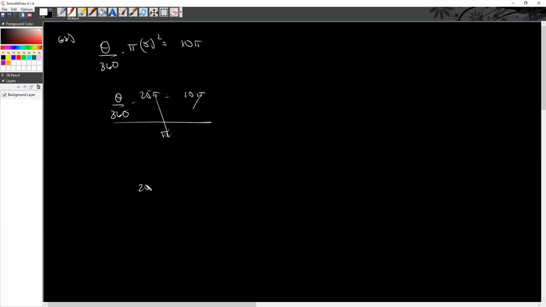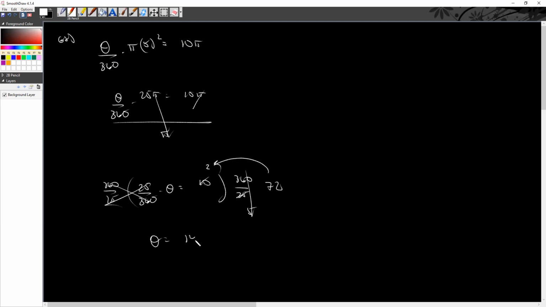So I've got 25 over 360 times theta equals 10. So I'll multiply both sides by 360 over 25. So theta equals 10 over 25, that's going to be 2 over 5. So what's 360 divided by 5? 72. 72 times 2 is 144.